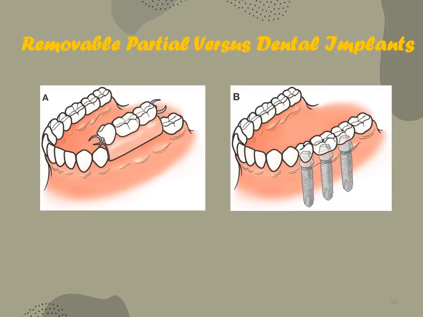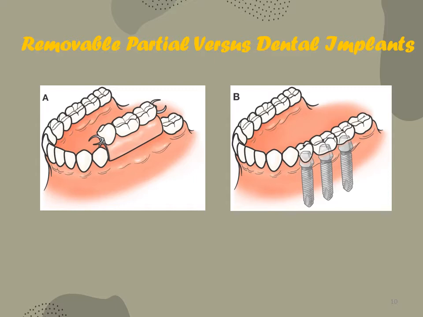This is what that looks like as far as a partial compared to implants. The partial really relies on this tooth and this tooth to support it, right? It gets food caught underneath and the patient has to take it out and clean it. And then over time, the teeth that the partial is clasping onto, if they have any type of wear or any type of issues, are a lot more susceptible to being lost as well.